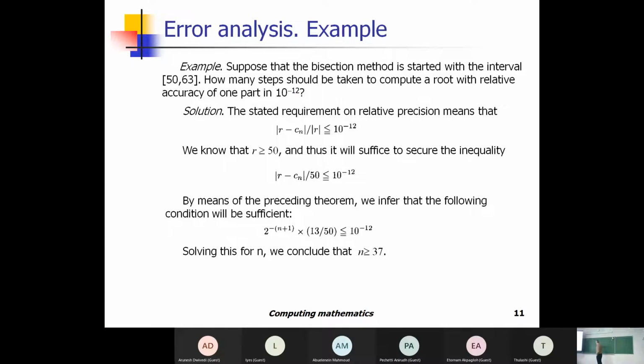And after that, I can substitute this into the inequality, and I get that 2 power minus n plus 1 times 13 over 50 is smaller than 10 power minus 12.